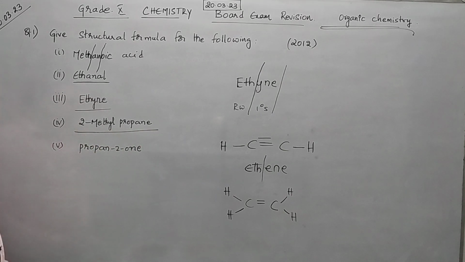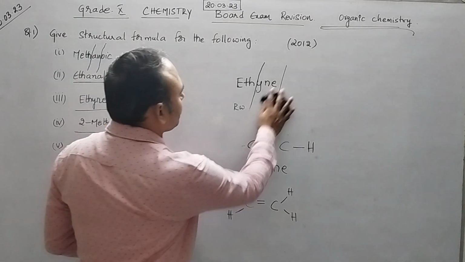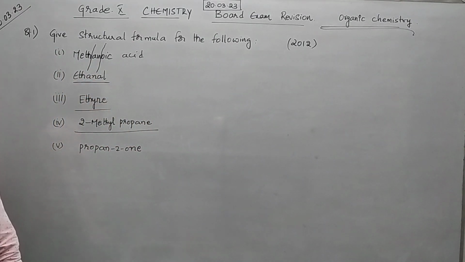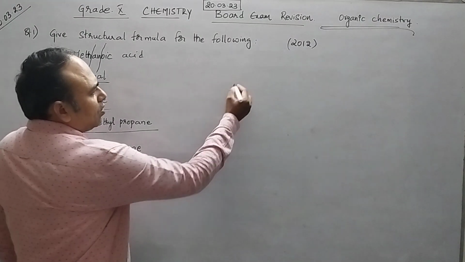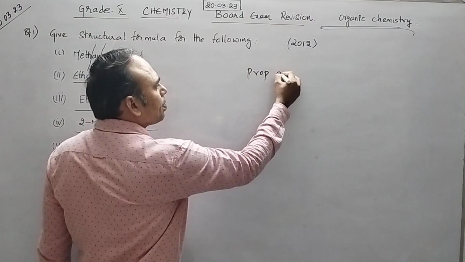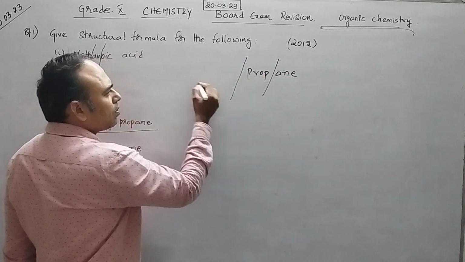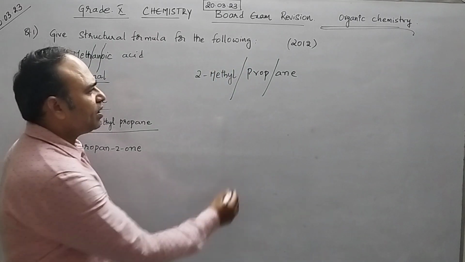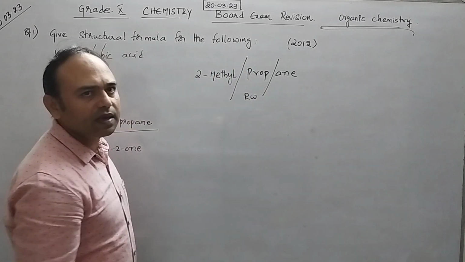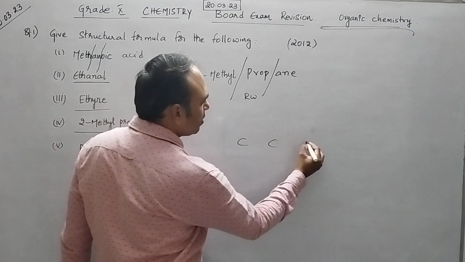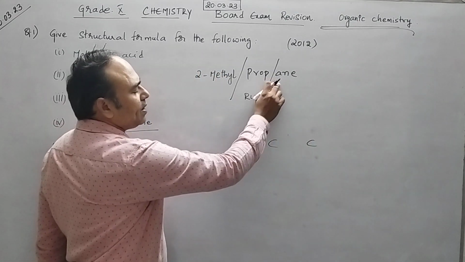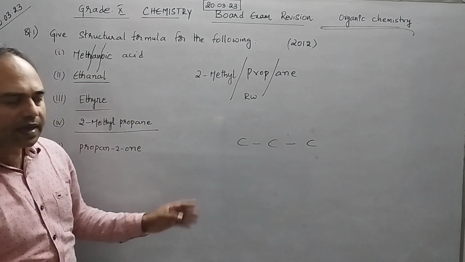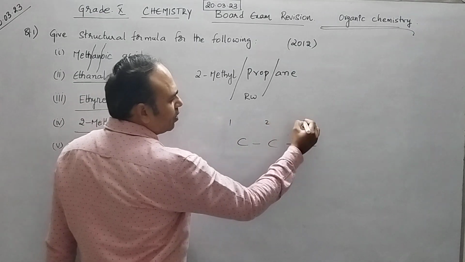Next one, 2-methyl propane. How do you write 2-methyl propane? We have understood the concept, hence I am solving only the questions. What is the root word here? Prop. Prop means how many carbons? 3 carbons. You write 3 carbons in this manner. ANE, single bond between the carbons. After that you can give numbering from any direction. Let us take 1, 2 and 3.